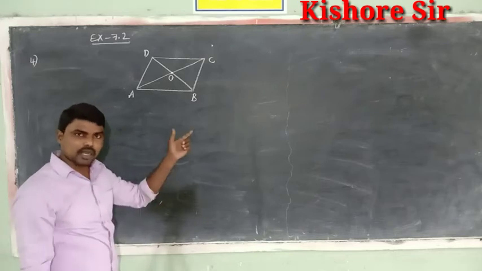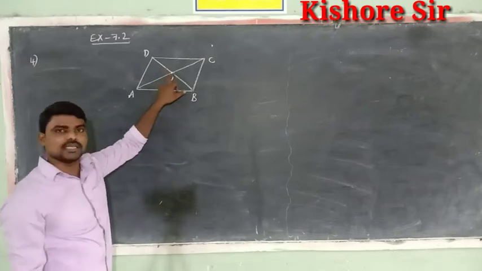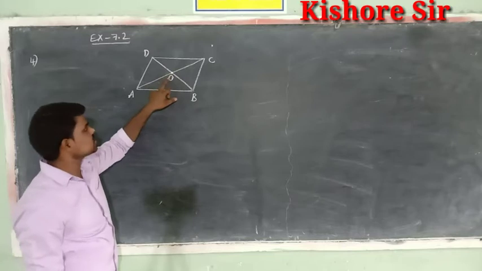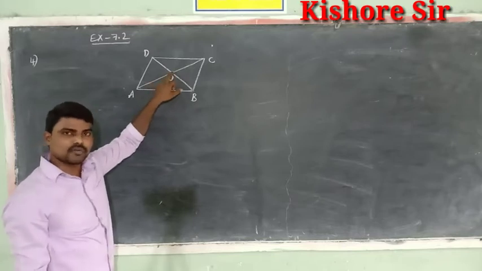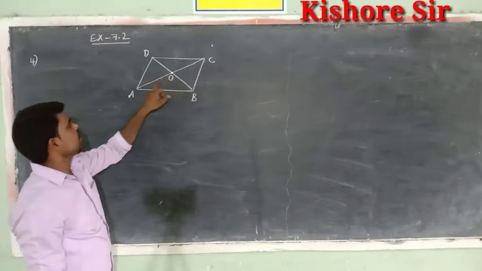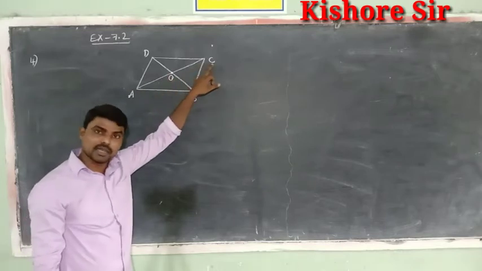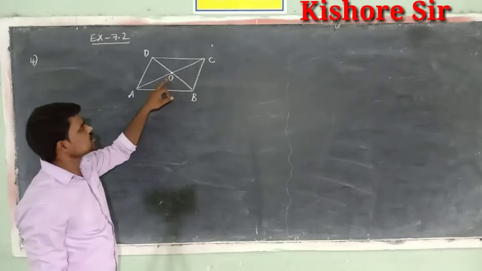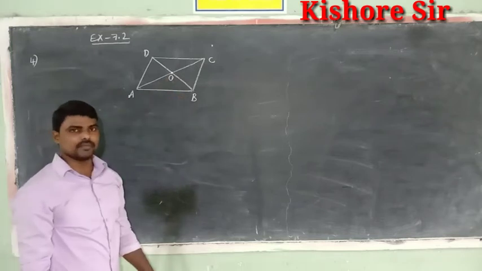In a parallelogram, two diagonals bisect each other. So O is the intersecting point of the two diagonals. O is the midpoint of AC and also the midpoint of BD.